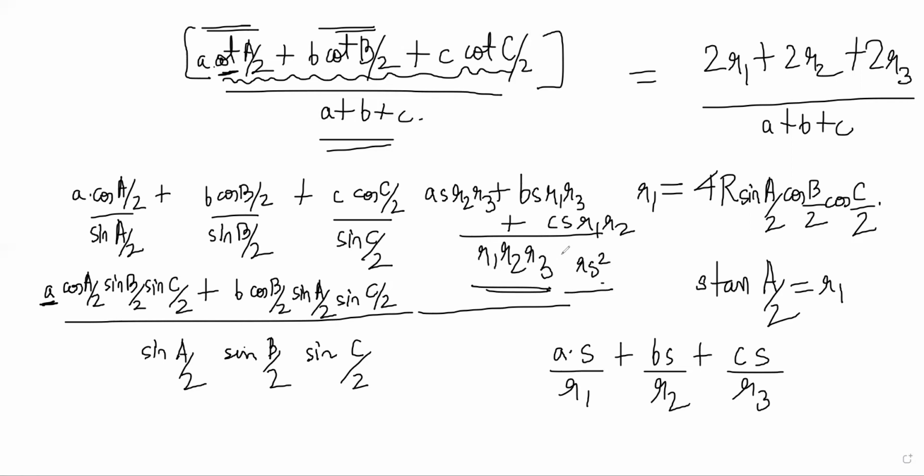Now S we can take common, and one S we can cancel throughout. So we'll get A R2 R3 plus B R1 R3 plus C R1 R2 divided by R S, right?